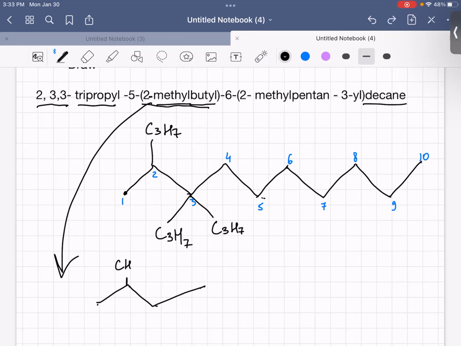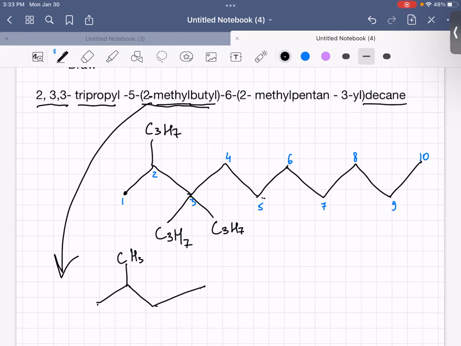So a methyl, we actually can just draw it like this. You don't have to specify that it's a CH3, but it's also okay to specify. It will make your life easier and make you do fewer mistakes.